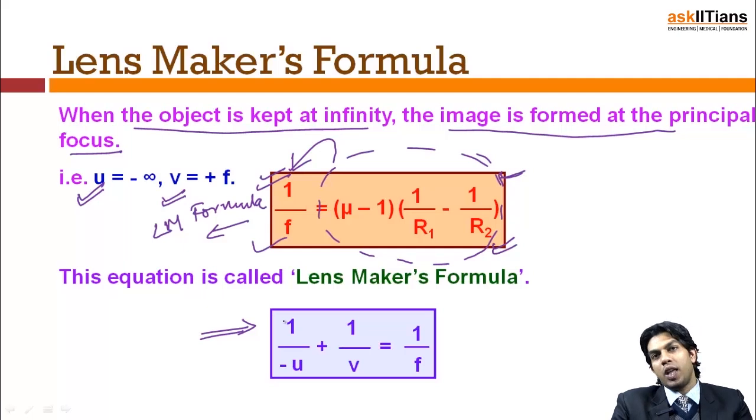I need to find out the effective focal length first, then given the object distance and using the lens maker formula, I will get hold of the image distance. So finally, my main agenda is to find out where the image will be. I have the object distance because that's my choice, my call, and regarding the different parameters over here, I can find out the effective focal length. So this aspect will be done, this aspect will be done, so we can easily procure the object of our interest, image distance.